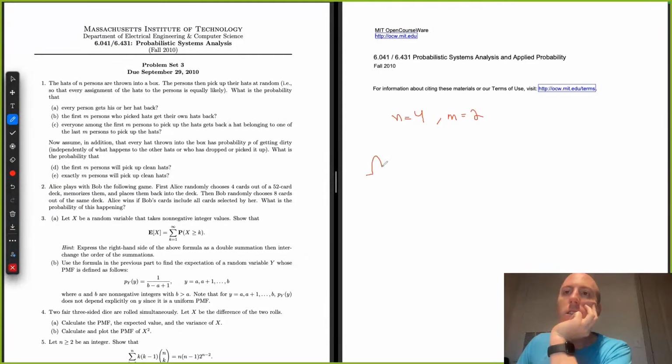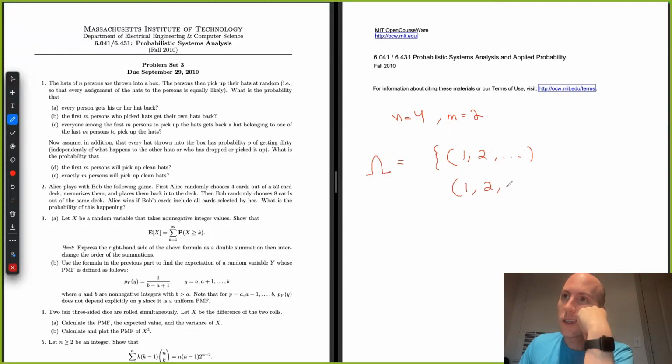Then our sample space omega has elements like 1, 2, and so on. And we basically want to count up the number of elements that start with 1, 2 in this case. Like the first 2 people get their hat back.